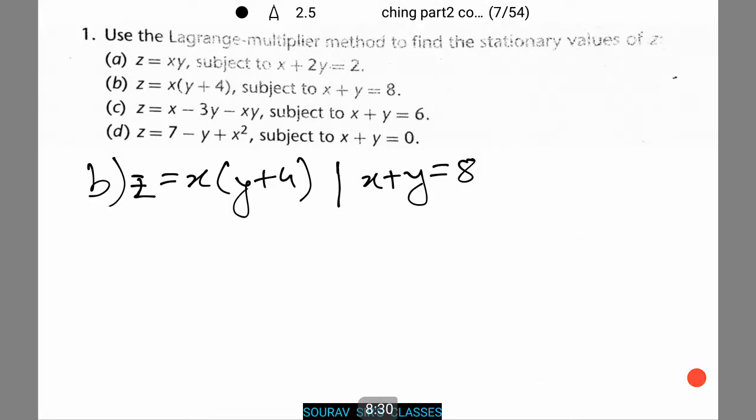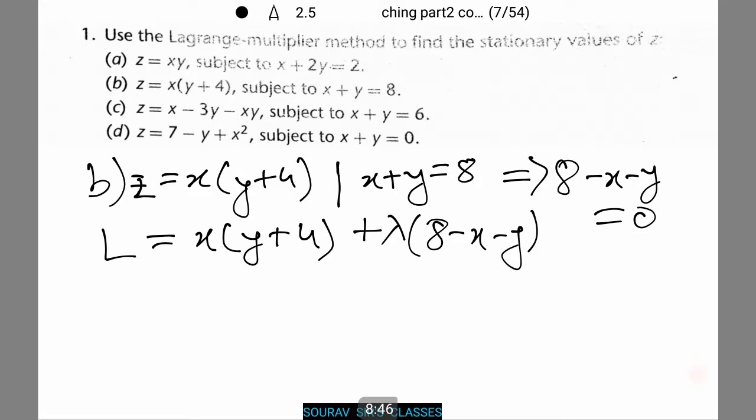Over here we are given z equals x into y plus 4, with x plus y equals 8. Similarly, we will write 8 minus x minus y equals 0, and the Lagrange function is x into y plus 4 plus lambda into 8 minus x minus y.